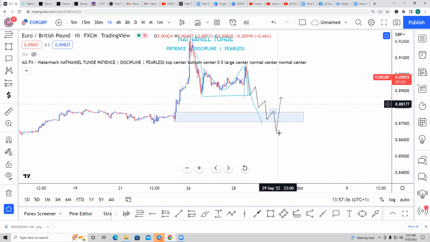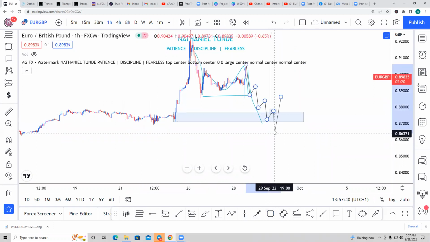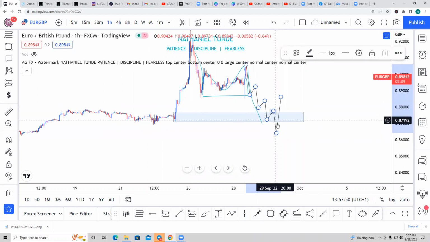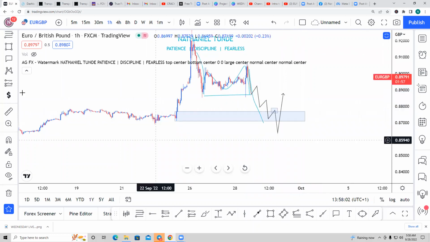Can you see when you have a push after you have grabbed liquidity right here? When I say grab liquidity, what do I mean? This last move to the downside, if it's very sharp and fast, and you now see the move that follows it goes up very fast and sharp to the point that it took out this resistance, that is a break of market structure.